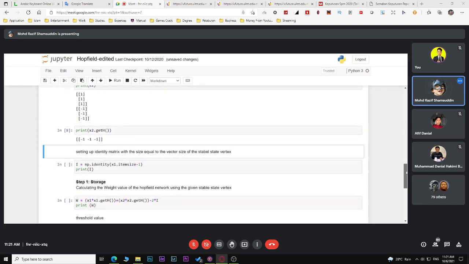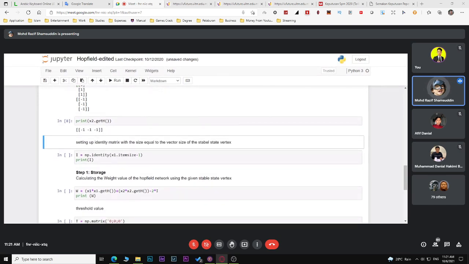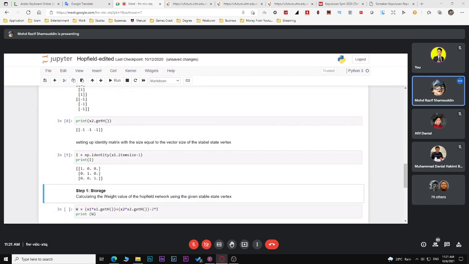Okay. Right, so yang ini identity matrix. Identity matrix is based on the len lah. Sebenarnya kalau saya nak buat len pun boleh kan. Apa lah item size tu, len x pun boleh. Yang lagi senang.